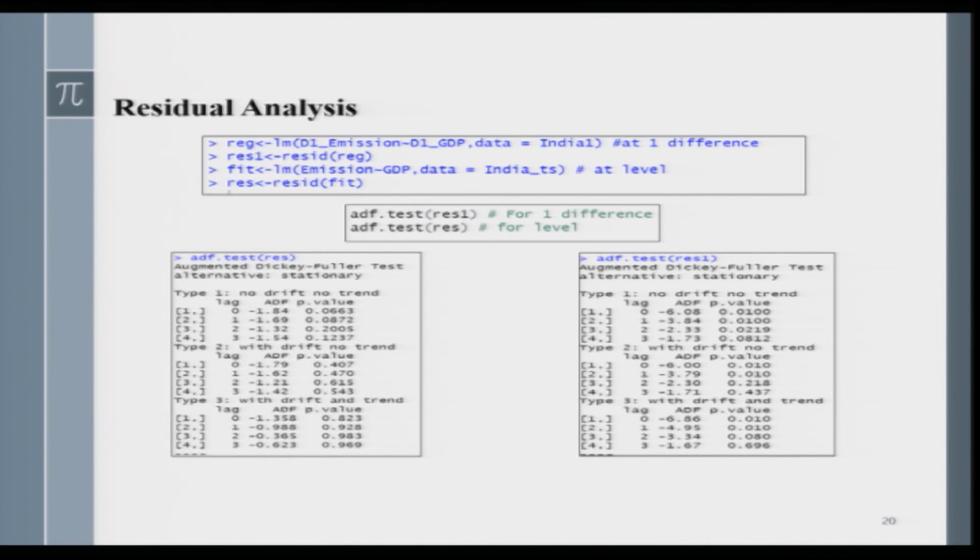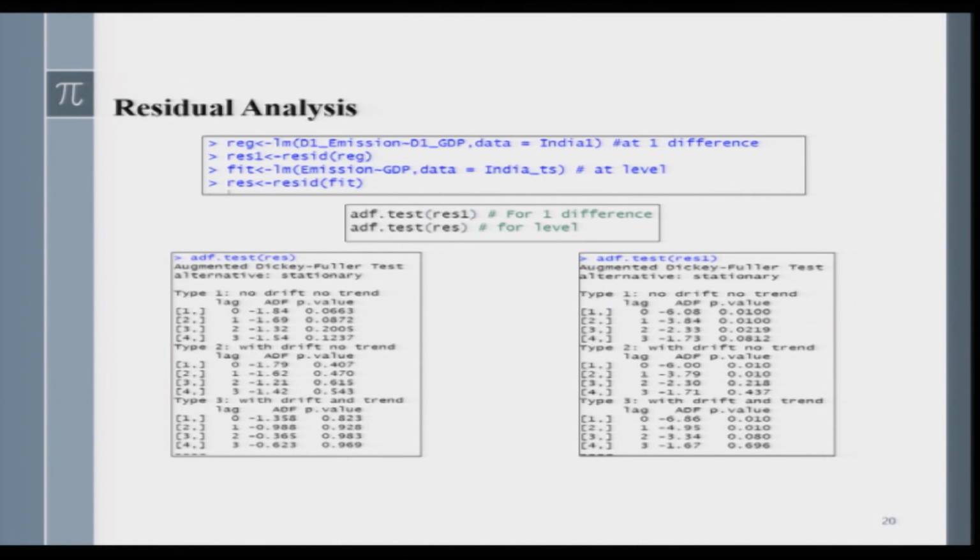For most of the cases the p values are very high, and in some cases you see low p values, but none of the ADF test statistics are significant at the 5% level. So, basically we can say that the null hypothesis cannot be rejected. That means that there is a unit root.